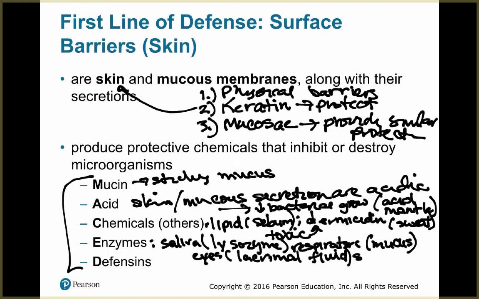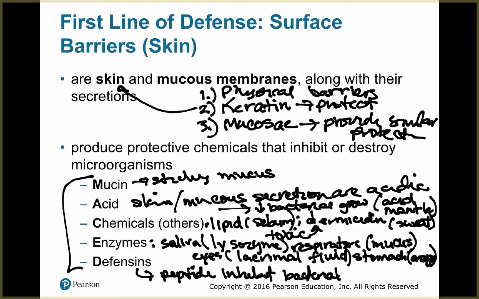And then in our stomachs, we have enzymes. All of these very specific enzymes are really good at killing things. And then the last we have is defensin, and this is a peptide that basically inhibits bacterial growth. So that's what's called antimicrobial.